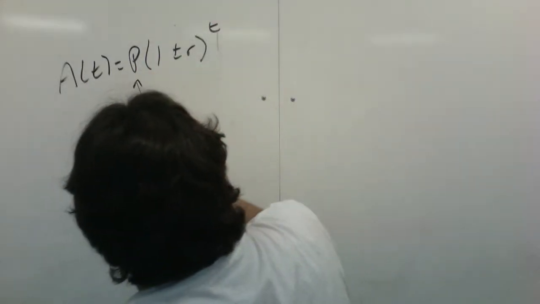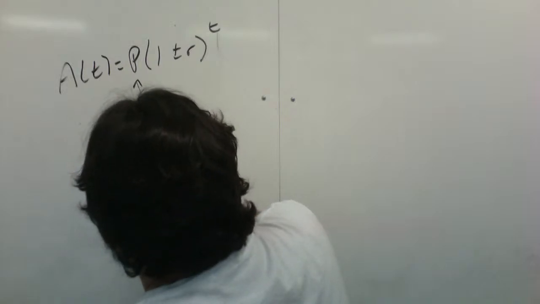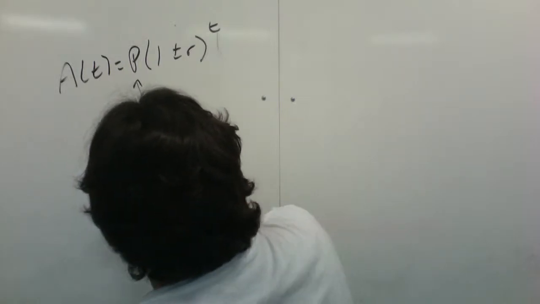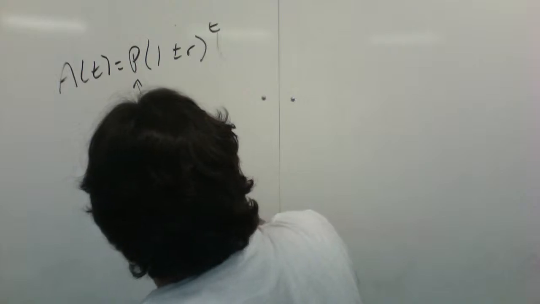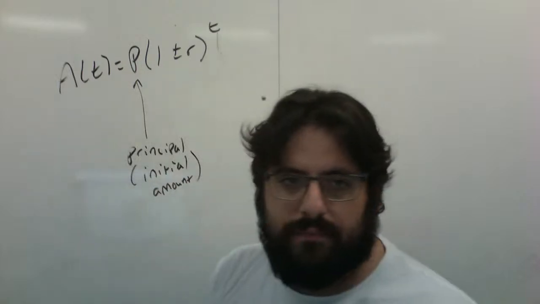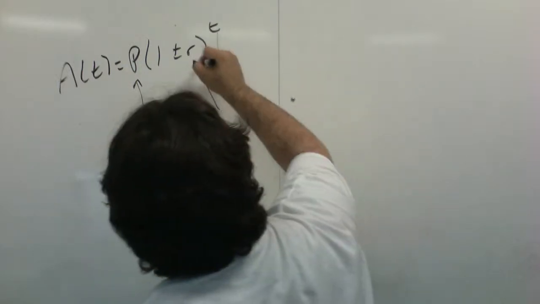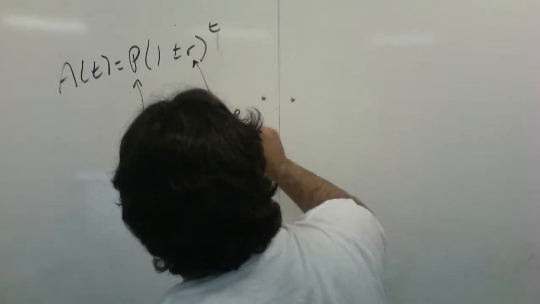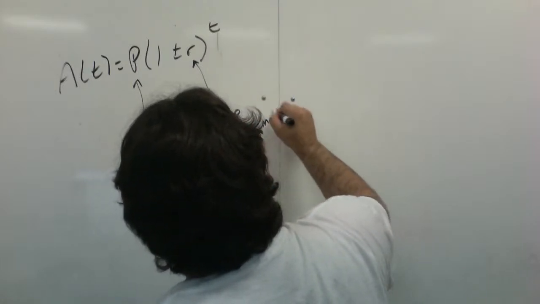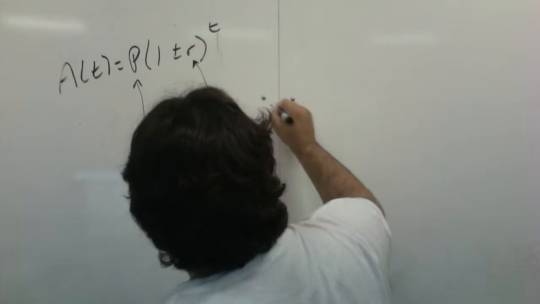Now, what does all this mean? Well, you always start out with an initial amount, a principal. That's the amount that you start with. This right here is your rate, and it should be known that it should be in a decimal form, not a percent form.